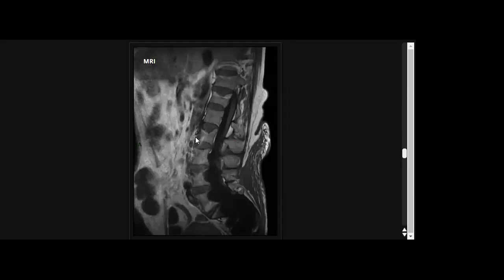So it carries a differential diagnosis of posterior vertebral scalloping: maybe just a dural ectasia of neurofibromatosis, or an intraspinal lesion like myxopapillary ependymoma of the filum terminale or conus, astrocytoma, and schwannoma.